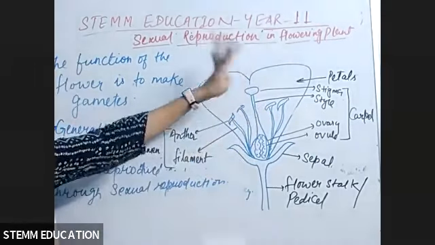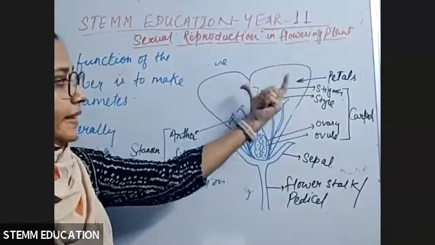So, what are the typical parts of a complete flowering plant?